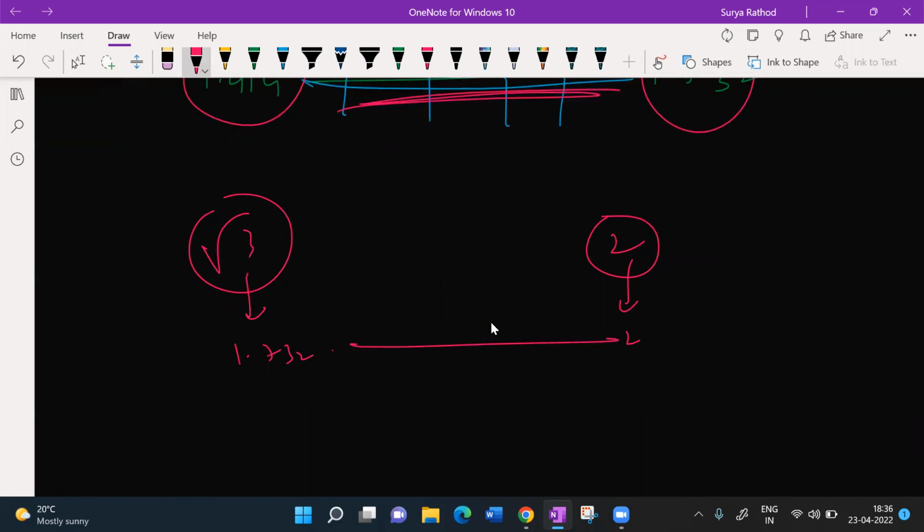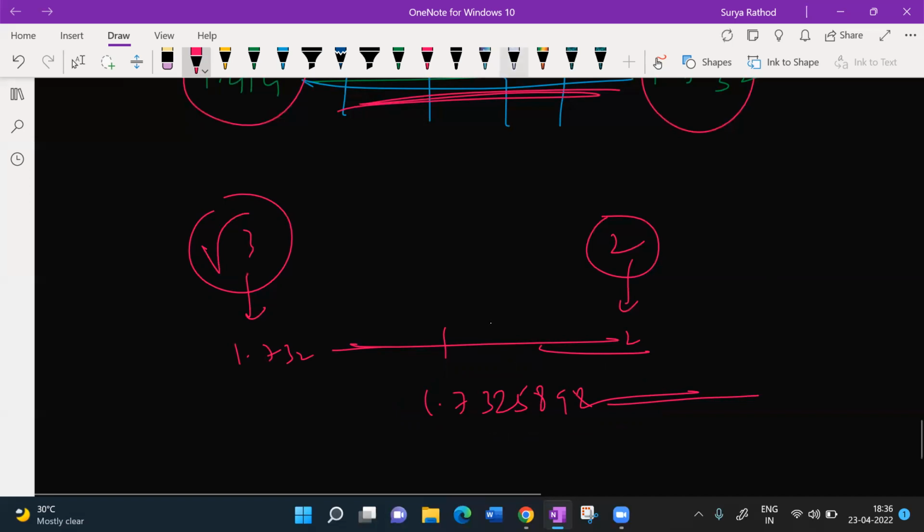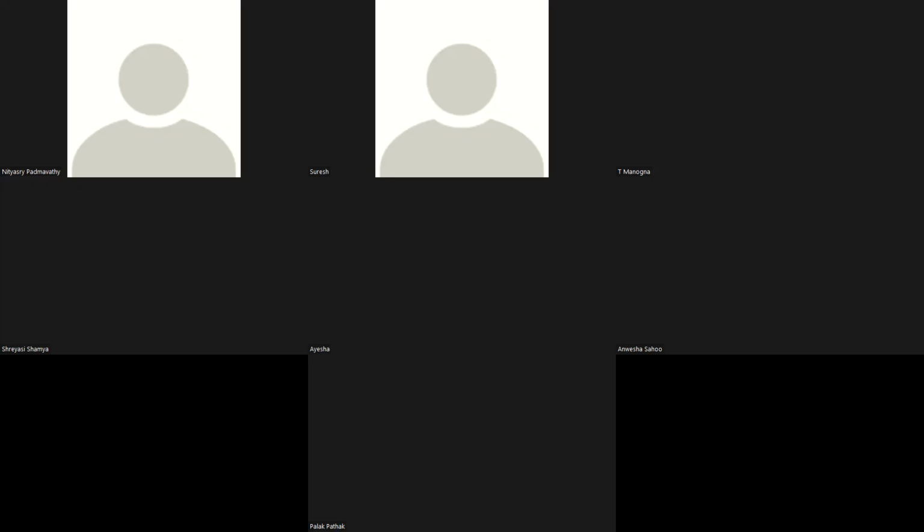You take any number, 1.732589. This is also an irrational number or not? It is non-terminating. It goes on. There would be many like that. Catch the point. That is the answer to your question.